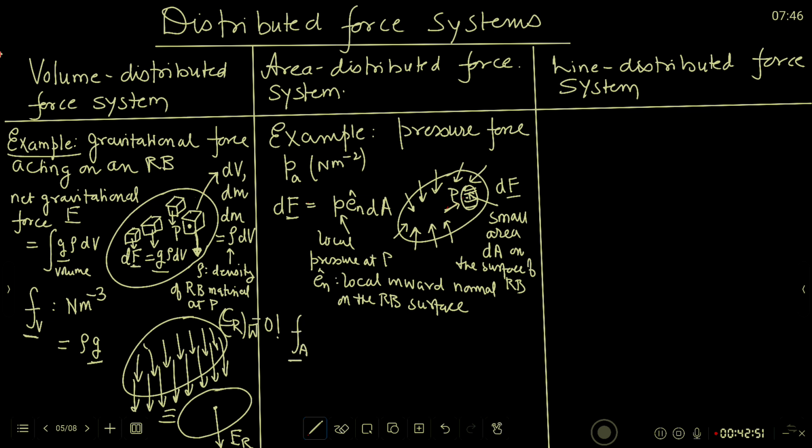Again, this is a vector, and in this case FA has units Newton per meter square. Okay, and if the area distributed force is pressure force, FA will be P times En.